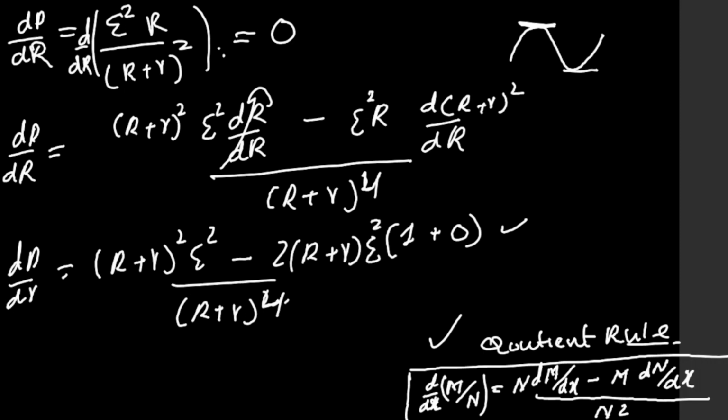Okay, now let's see, this will become dP divided by dR, this is equal to (R plus r) whole square and EMF square minus EMF square into 2R into (R plus r).